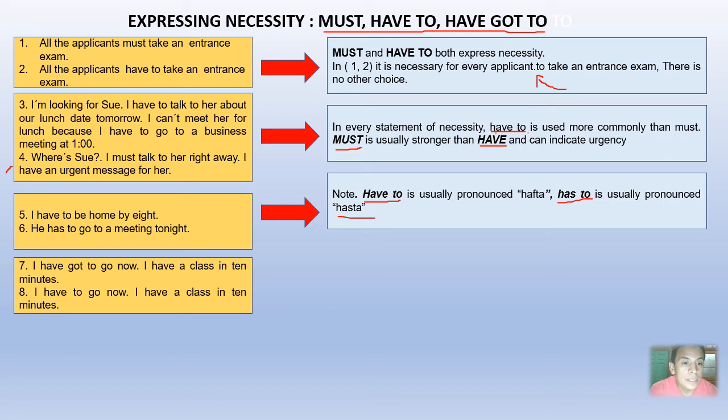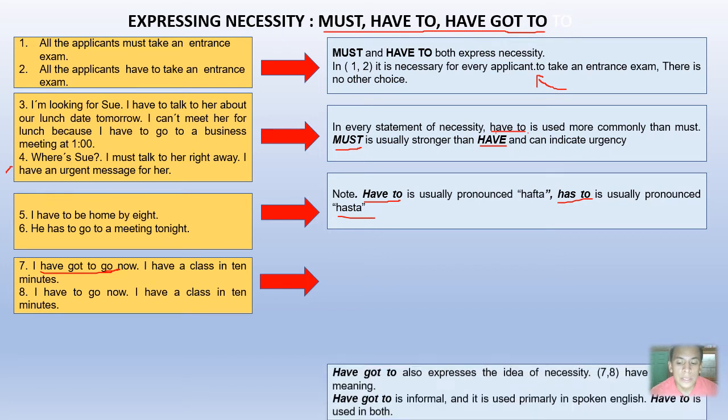We have these modals have got to plus the verb. And example 8: I have got to go now. I have a class in 10 minutes. There's no difference between them. Both of them have the same meaning.